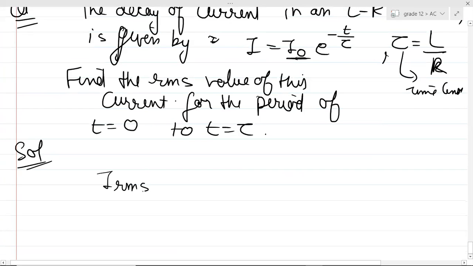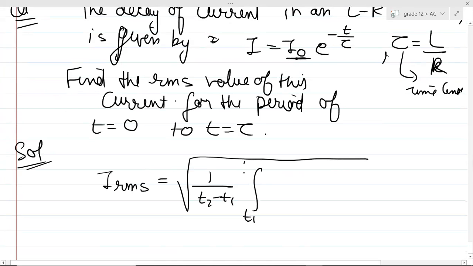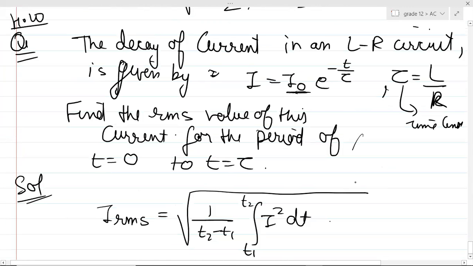IRMS is basically equals to. Can you see this is not alternating? This is not an alternating current. I am just asking you to find out the RMS value of this current. So basically you need to just perform this integration and that will be your answer. I'm leaving this as homework for you. The answer to this will be I naught by root 2 into under root of 1 minus 1 upon e square.